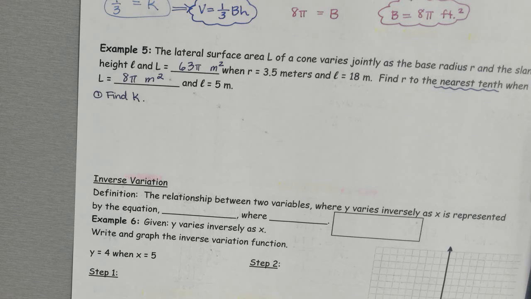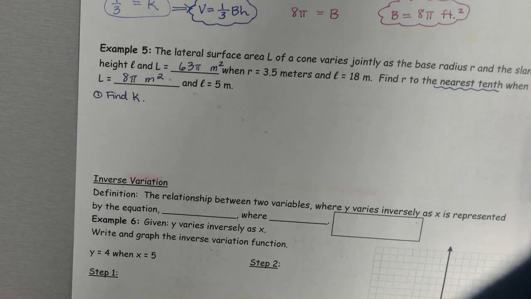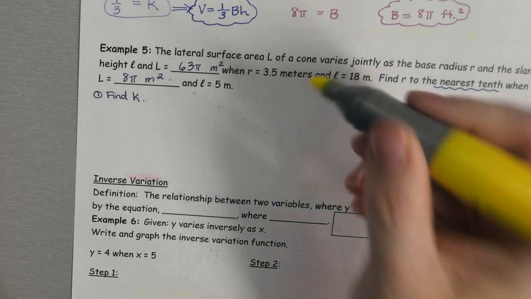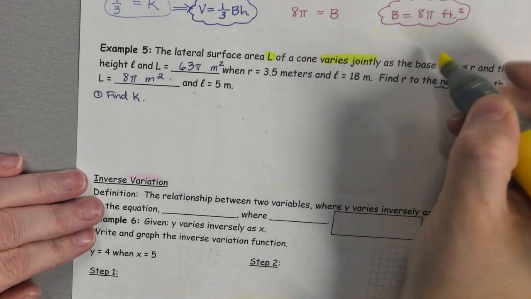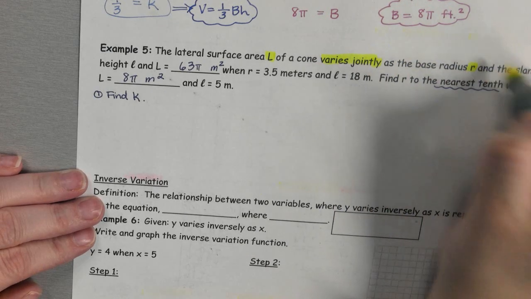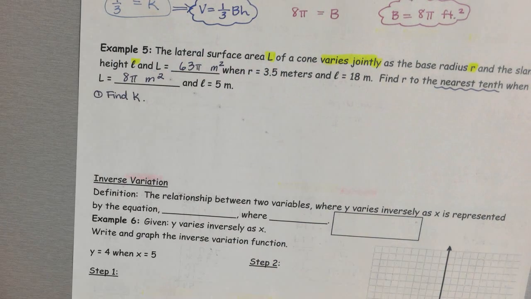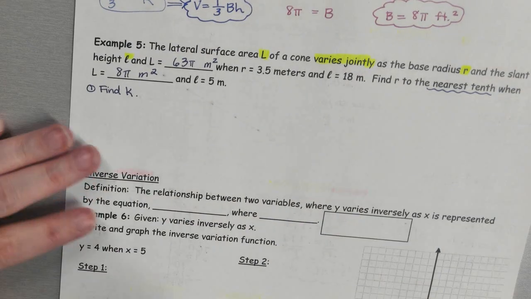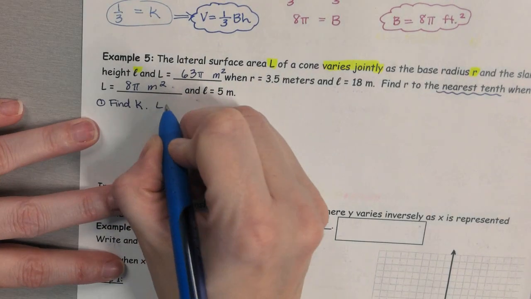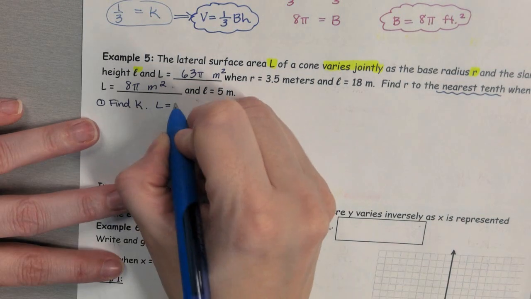Step 1. So remember to set this up, I always start with what they give you first. So it says L varies jointly as the base radius r and the slant height cursive l. So I always just like to keep that in mind so I know where I'm plugging things in.